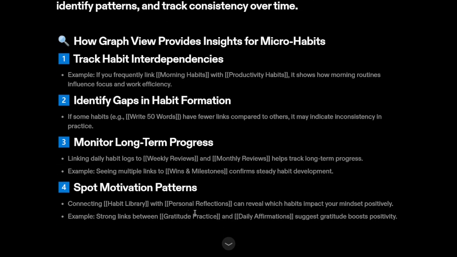Connecting habit library with personal reflections can reveal which habits impact your mindset positively. Example, strong links between gratitude practice and daily affirmations suggest gratitude boosts positivity. So if you spot such motivation patterns, it suggests that gratitude is boosting your positivity.